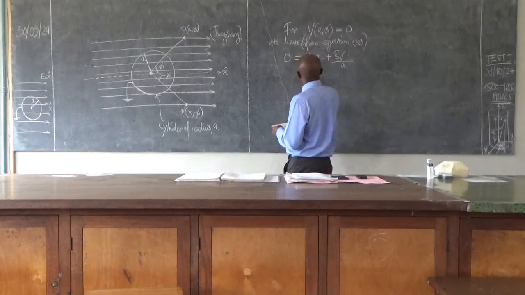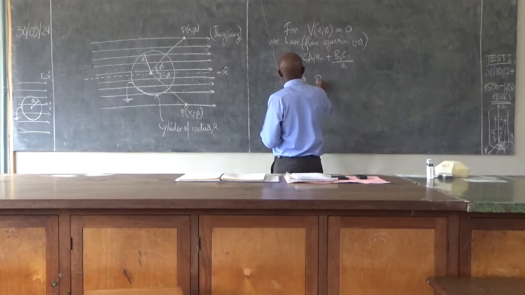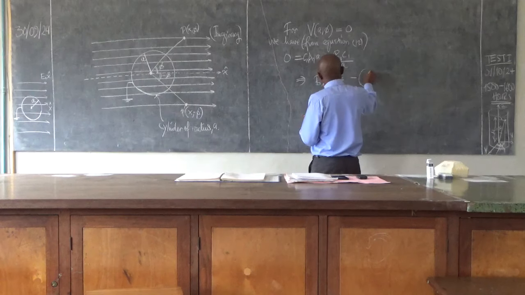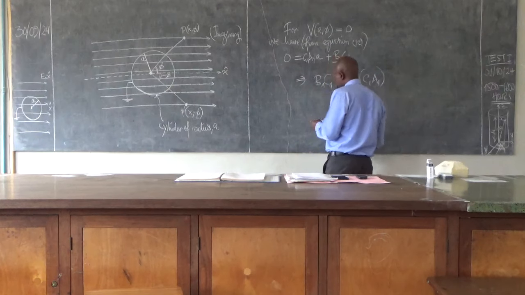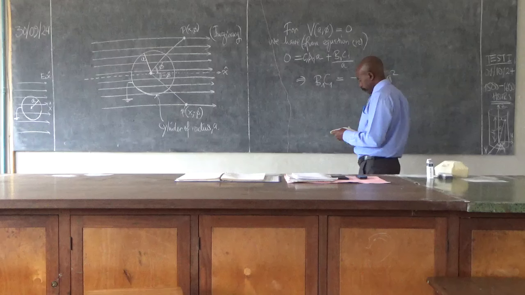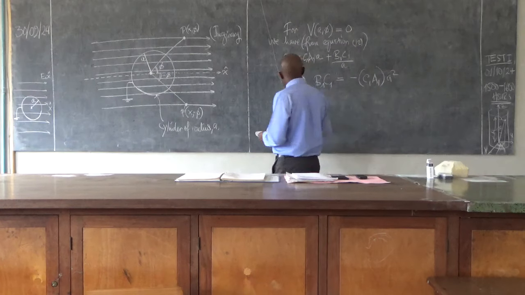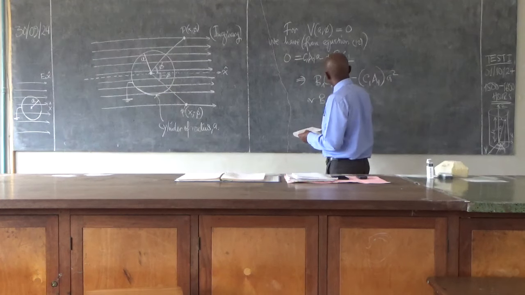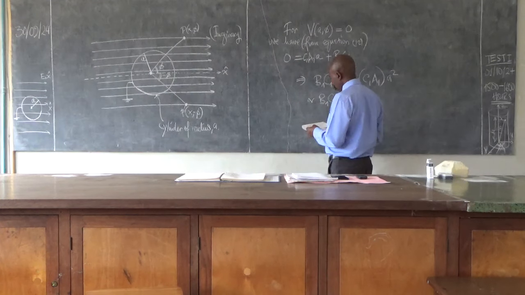So we have, this implies that B1 C1 equals to minus C1 A1 A squared, and then B1 C1 equals to E naught A squared.